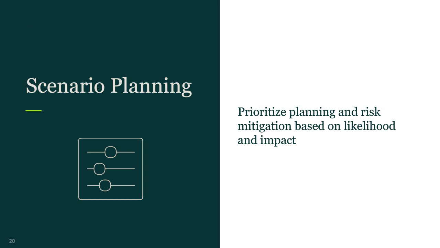So as Colleen mentioned, we see a lot of different areas, and we don't want to necessarily go down the road of trying to plan for every possible event. We would just drive ourselves crazy and never be finished. So what we suggest for continuity planning is to really think about prioritizing planning and your risk mitigation efforts around the top likely scenarios for your organization.